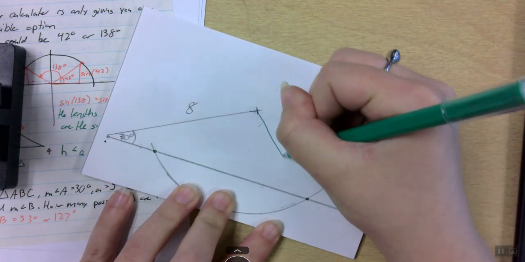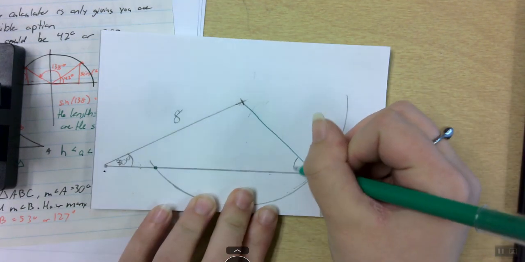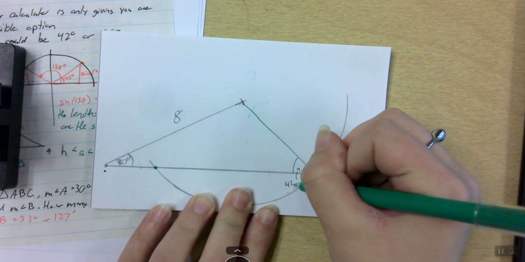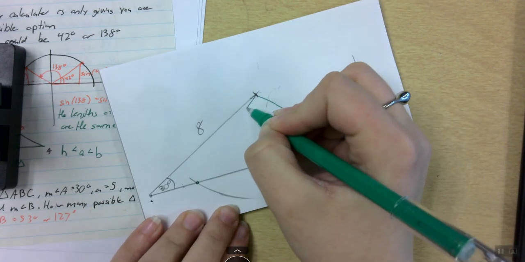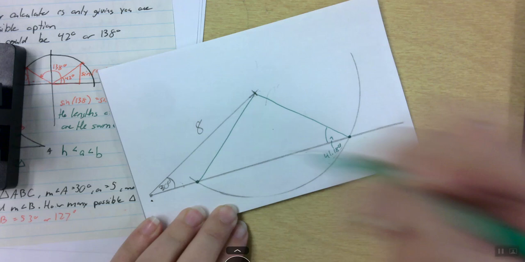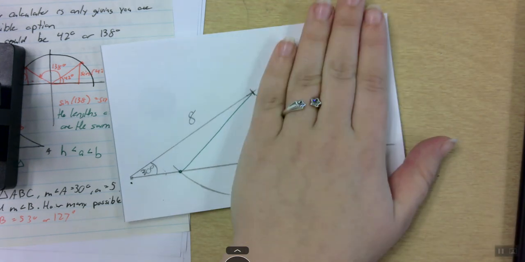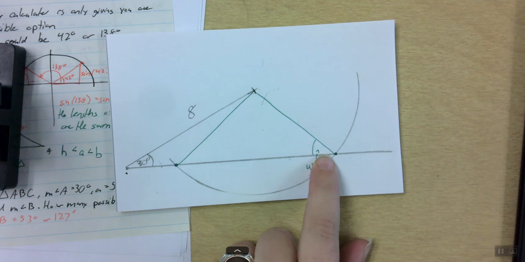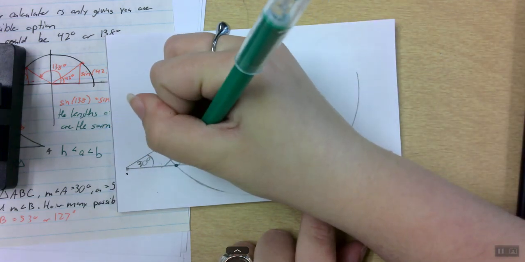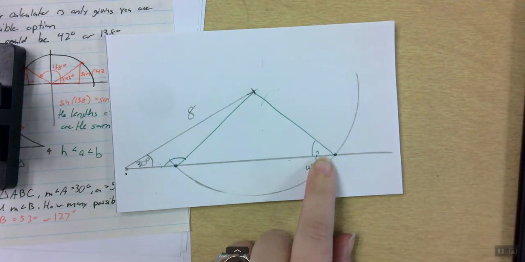It makes this big long triangle, which we found to be 41.18 degrees, but there's also a smaller one right there. It gave us this angle. It did not give us that angle right there.